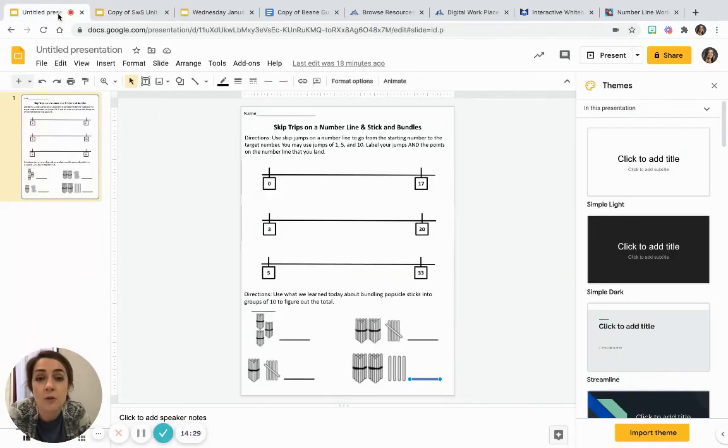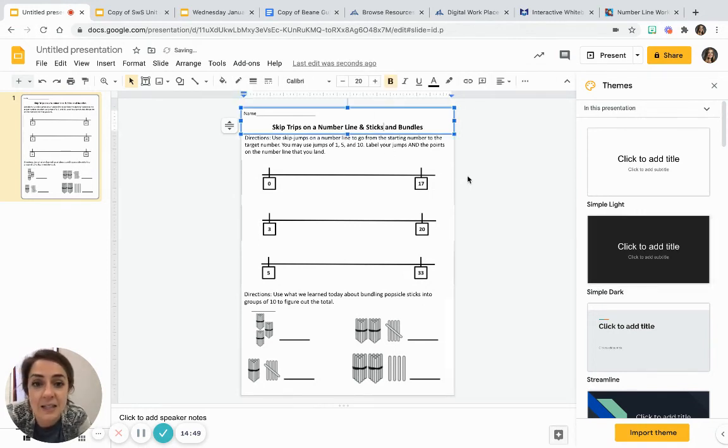So what you're going to do first is you're going to do this independent practice. Then, once you are done with this independent practice, you will be able to make a choice board choice. So let's look at this first. It says skip trips on a number line in sticks and bundles. I need to add an S. I just made this and I didn't read it.